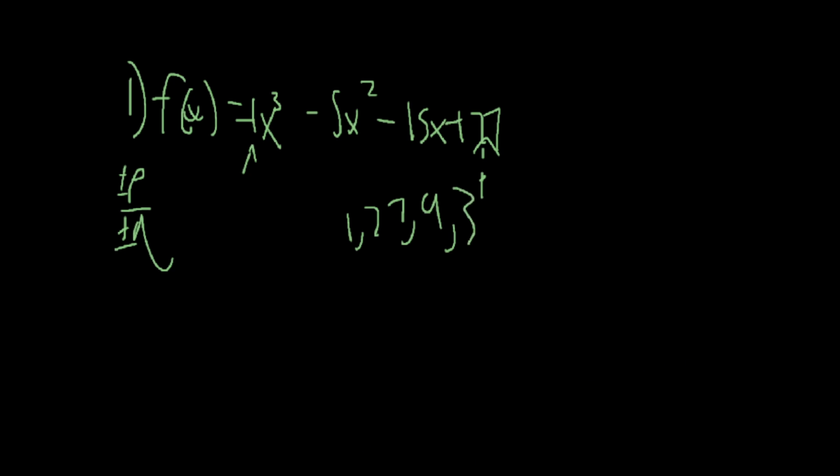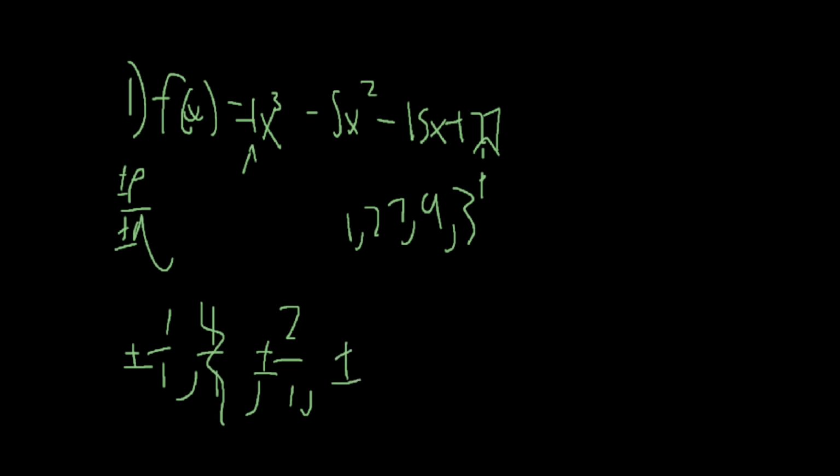So our possible roots are plus or minus 1 over 1, 2 over 1, 7 over 1, 9 over 1, and 3 over 1.